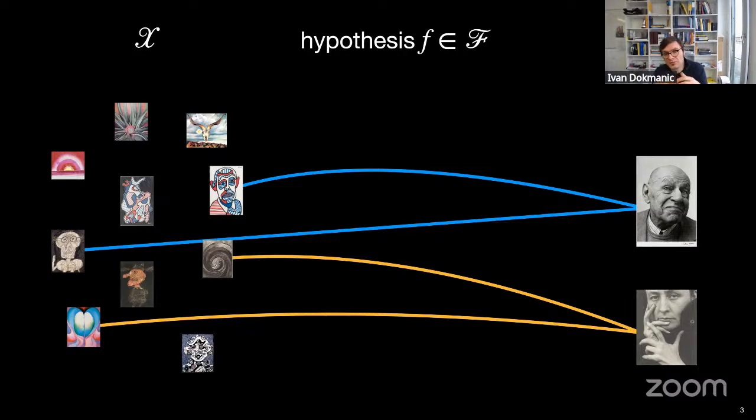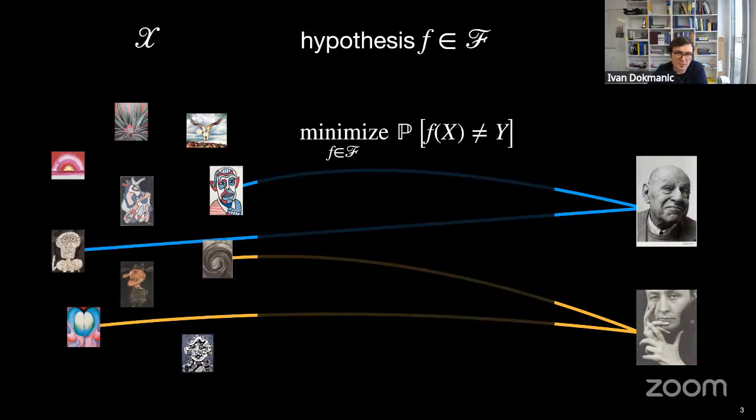But the point is that we have some large class of functions like neural nets, and we want to pick a good one. Picking a good function means that we have to define a criterion, which, for example, could be that we want functions that learn with few mistakes. And then we have to somehow optimize and solve the problem of looking for these functions. So ideally, we'd minimize the probability that we make a mistake.